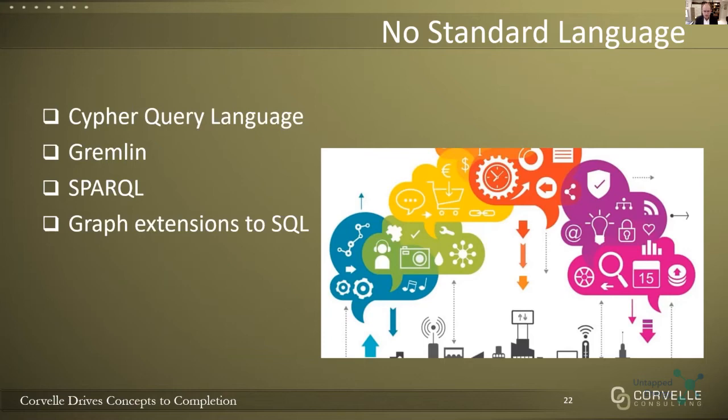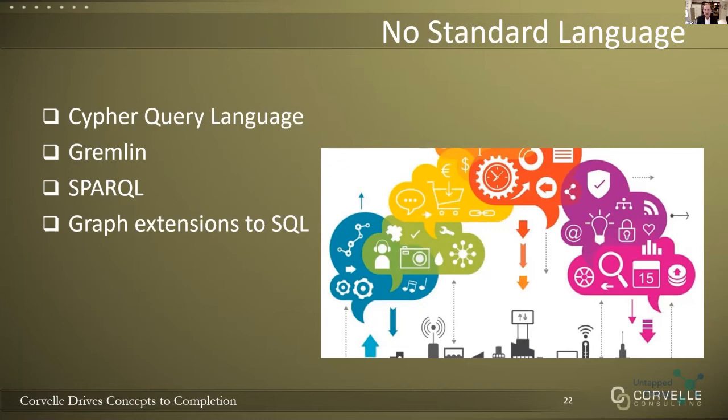vendor. Gremlin is a component of the Apache TinkerPop project, and it's supported by most graph database vendors. Gremlin and SPARQL have different uses. Gremlin is more for property graph databases, and Gremlin is a graph traversal language. And then SPARQL is mostly for what are called RDF, or Resource Description Framework triplets. So I've thrown a lot of acronyms at you, and I hope that you don't have to remember all of these.